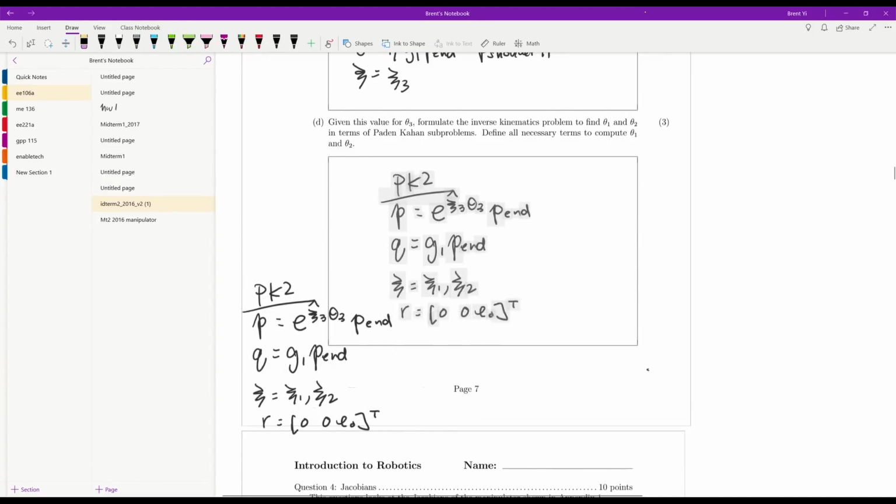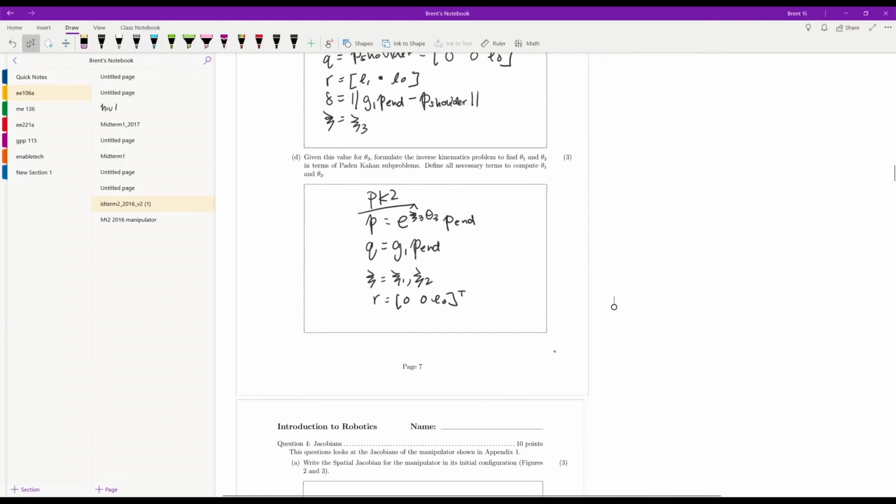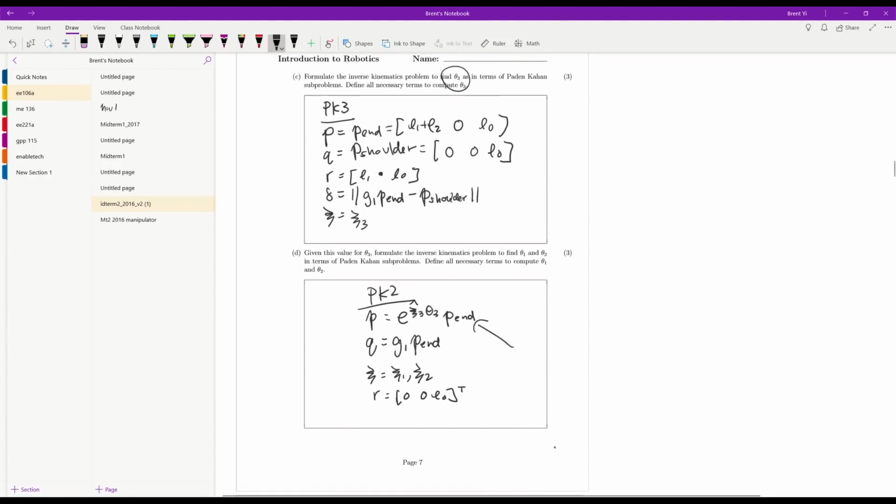Okay, there we go. Yeah, so I think I just got tripped up a little bit there because I think the solution for this P is actually incorrect. It should be P end with theta 3 applied, not just P end. I'll put a correction on Piazza or something if I made a mistake here.